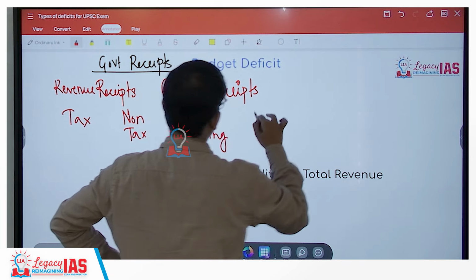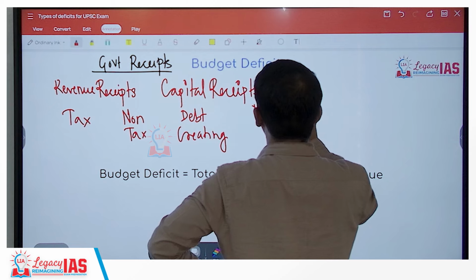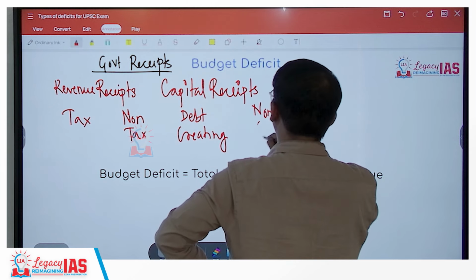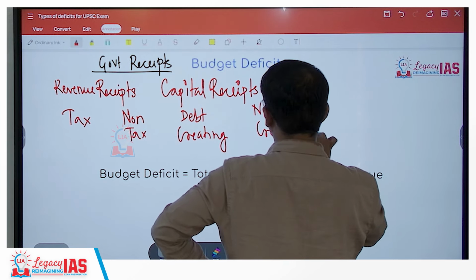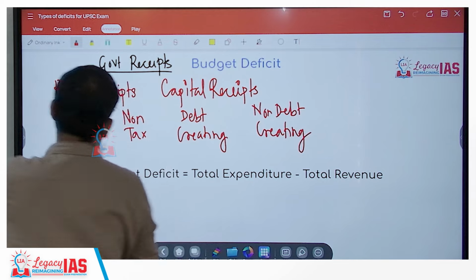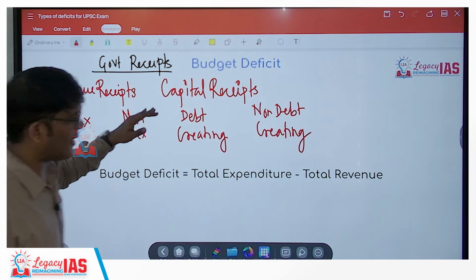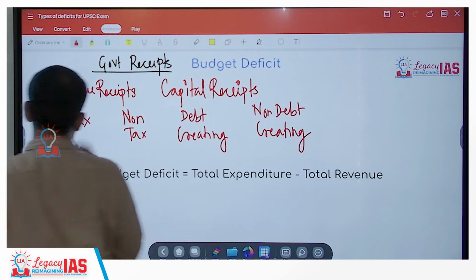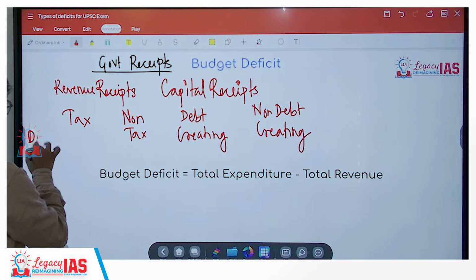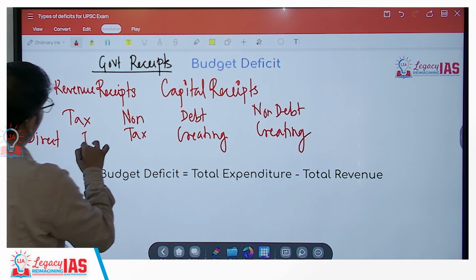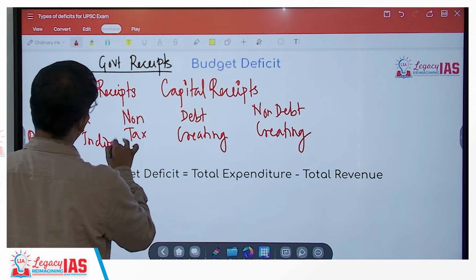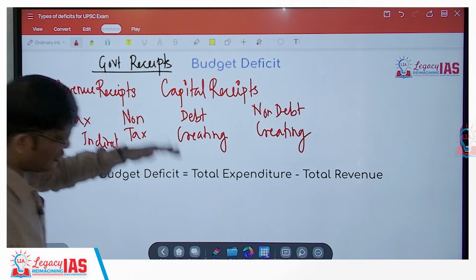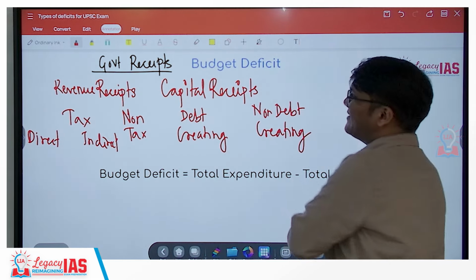I'll explain what is debt creating. Under non-tax, there is no further classification. You will have the registration fees, penalties, fines, etc. Under tax, there will be direct taxes and indirect taxes. So this is the classification of the government receipts. Please keep this in mind.